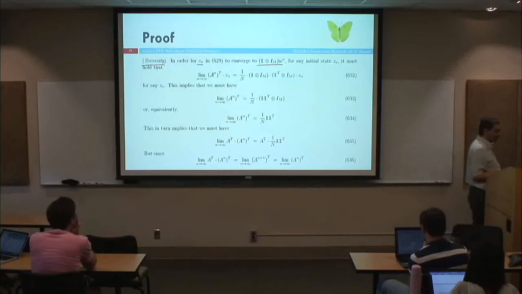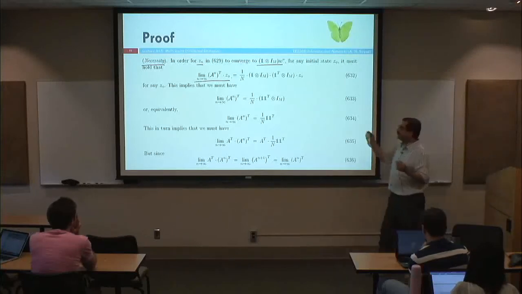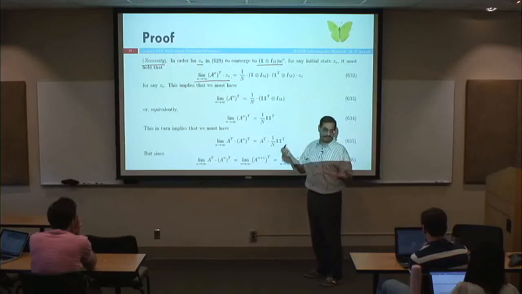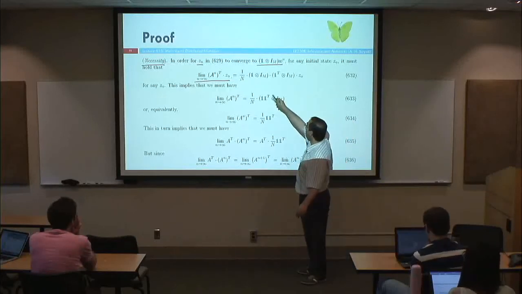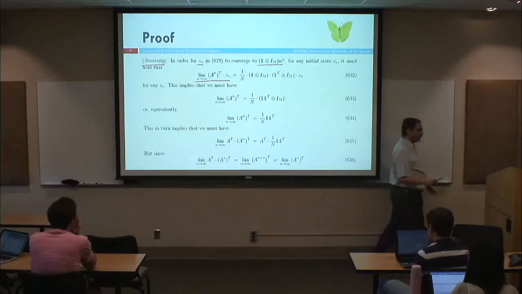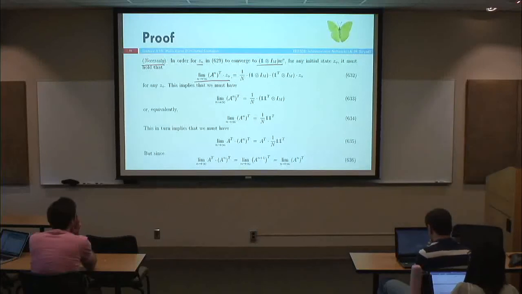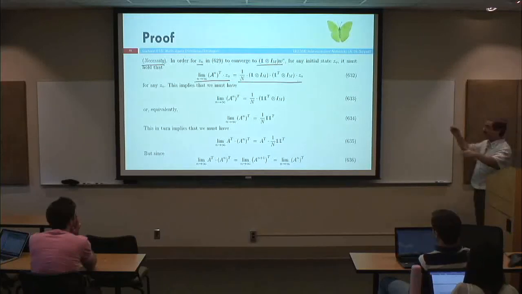Very good. So this means that this limit is converging to that, because Zn is A to the n transpose Z0. So it means that this limit is converging to 1 Kronecker I omega 0, which on the previous slide we expressed in this form.